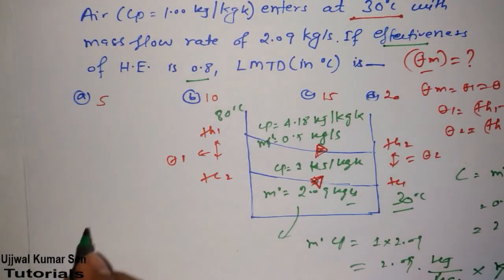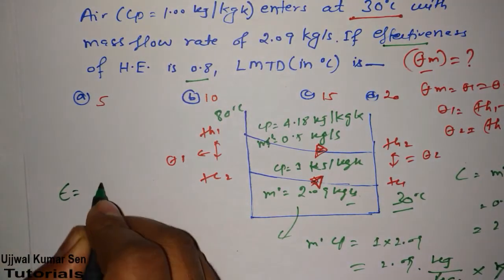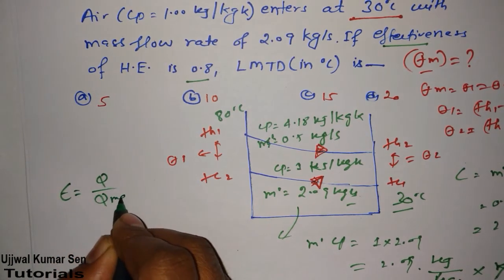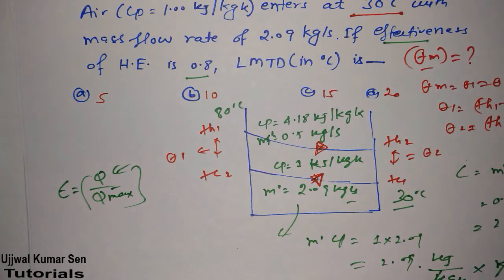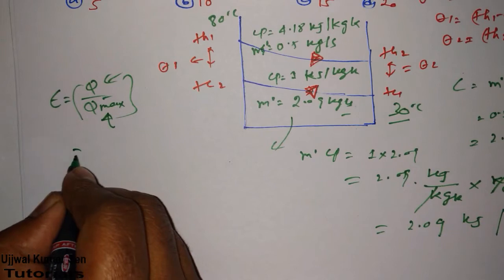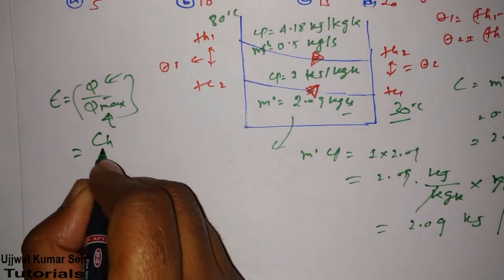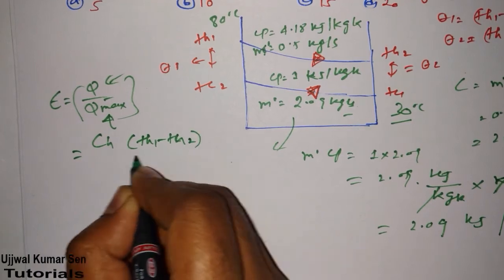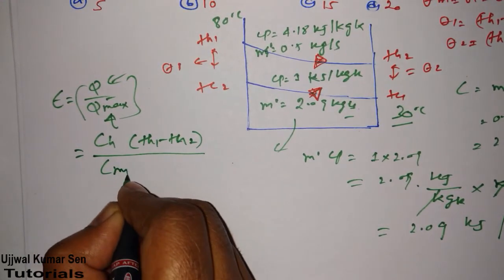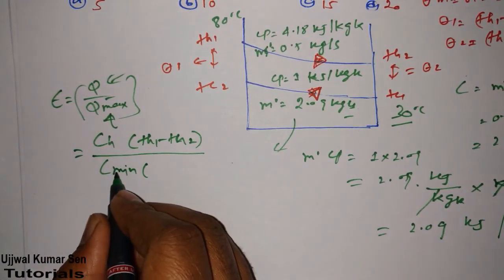Effectiveness is given, that is epsilon. Epsilon is Q by Q max, that is, the actual heat transfer rate by the heat exchanger, and the maximum possible heat transfer is in the denominator. Are you getting my point? So from this equation, we know it is the heat capacity of the hot fluid times TH1 minus TH2, divided by C minimum, that is the minimum heat capacity, times TH1 minus TC1.